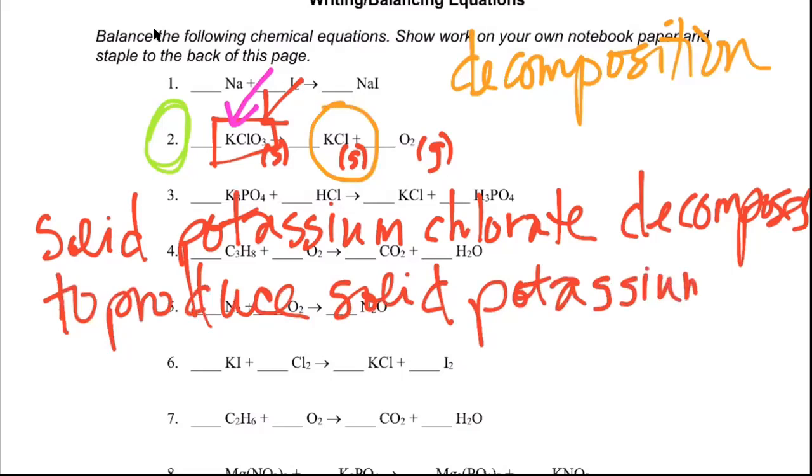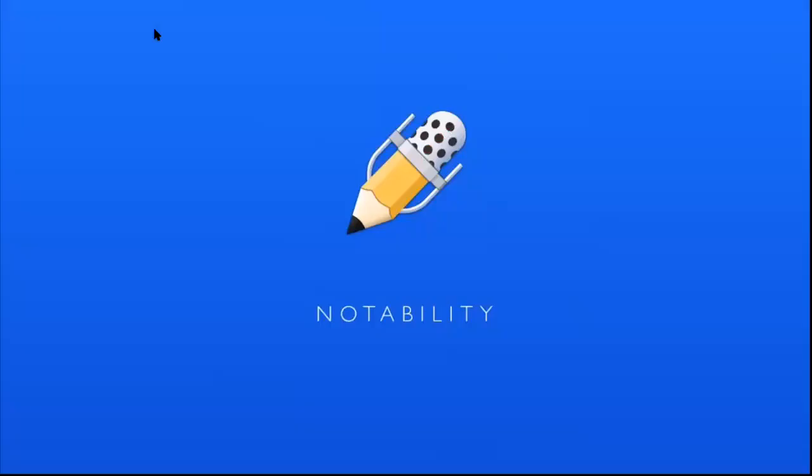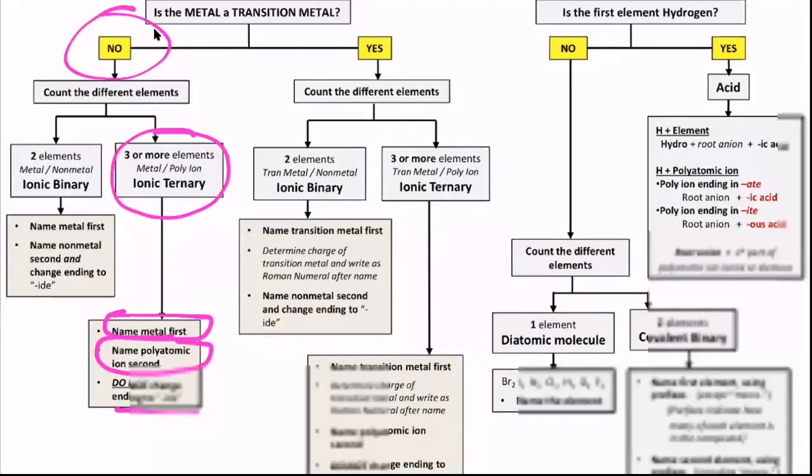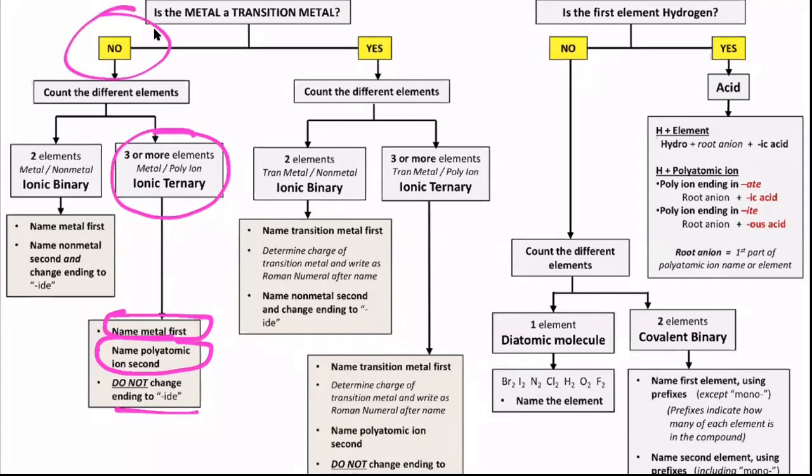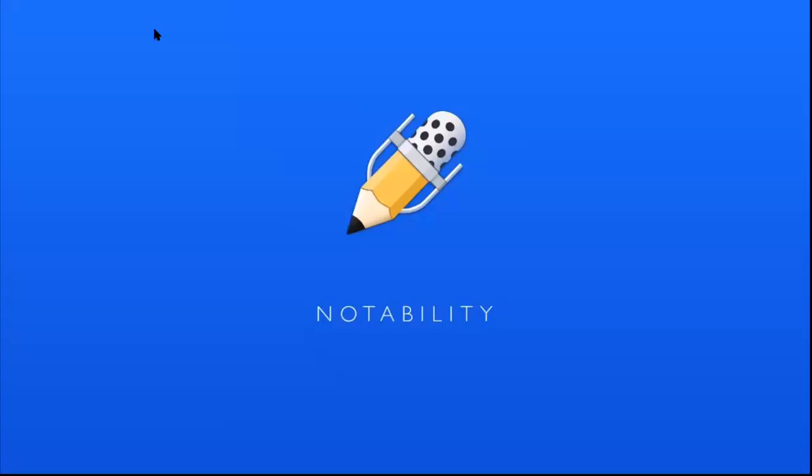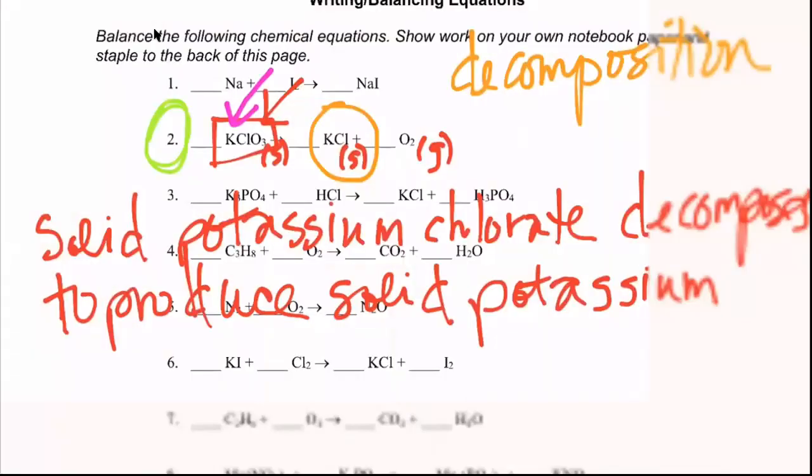But now if I go back to my flow chart for the names, I would say, no, it's not a transition metal, but instead of going here, now I would go here. It's only two elements. It's a metal and a non-metal. So I do the name of the metal first, that's the potassium, and then I name my non-metal second and change the ending to IDE. So now it's not potassium chlorate, it is potassium chloride.